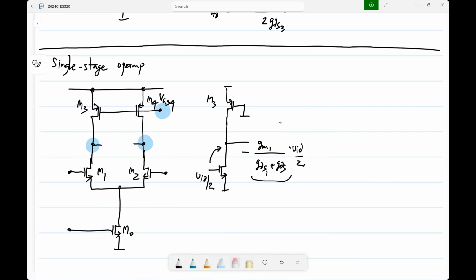How do we do that? First, when we are looking at the operating point, it is by definition common mode. It is the same for the two sides. So we can just look at the common mode half circuit of this.